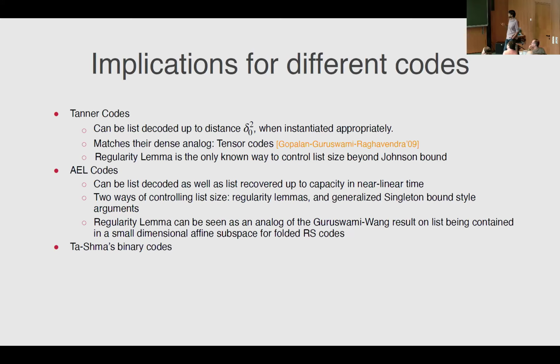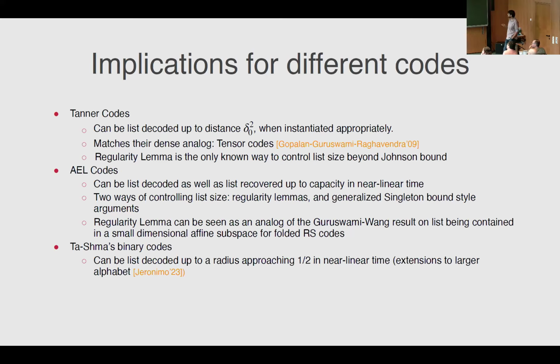And then the third one is binary codes near the GV bound. These can also be list decoded up to a radius approaching half. And not just binary, there are also extensions to larger alphabets. Here there is an advantage that SOS decoders enjoy, which is that SOS can decode up to the Johnson bound.